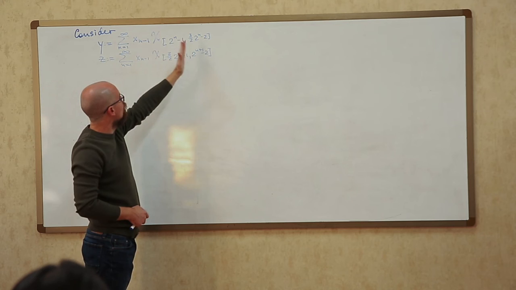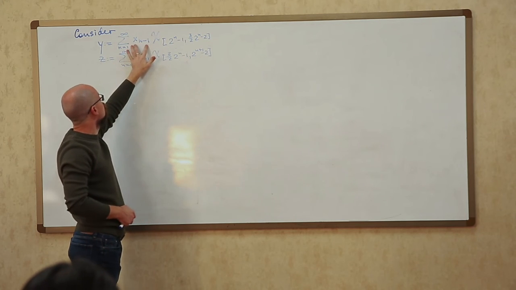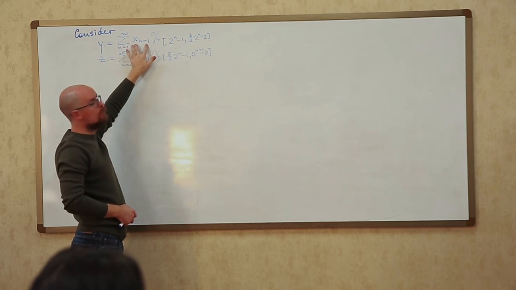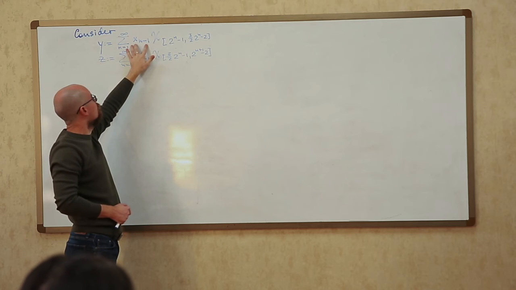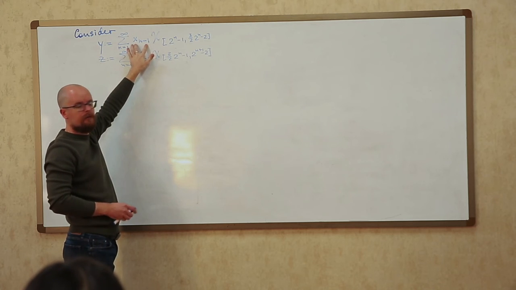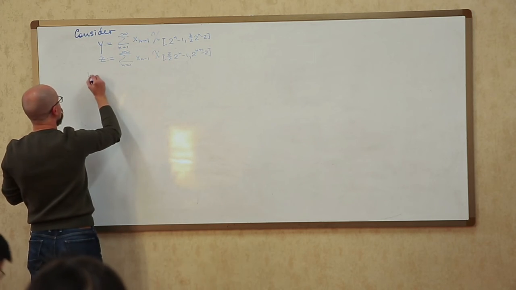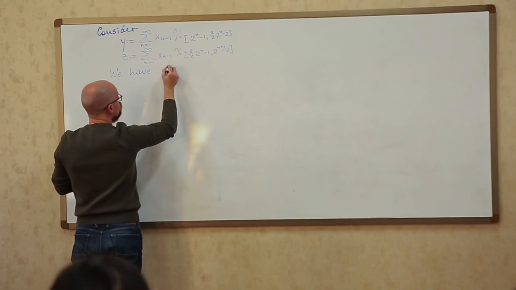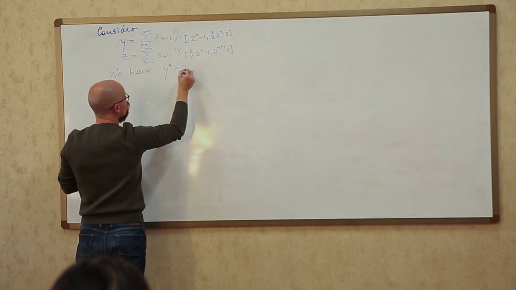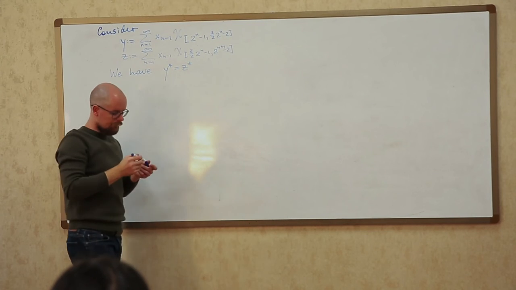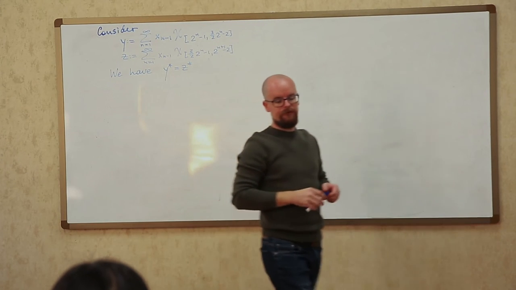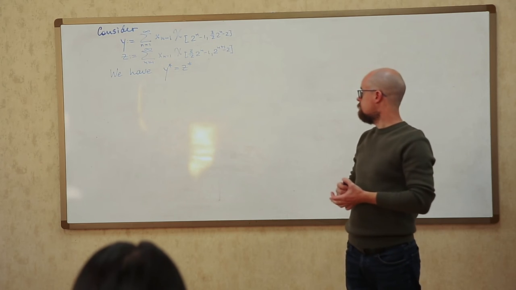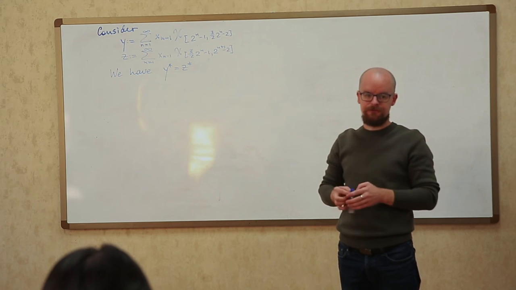And on all these intervals, the sequence, either y or z, equals x_{n-1}. So the decreasing rearrangement of y equals the decreasing rearrangement of z. So they are just the permutations of each other.